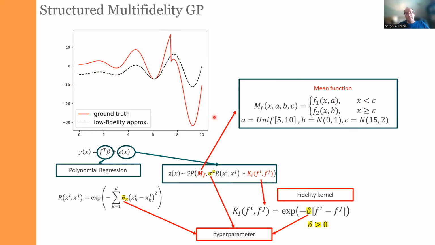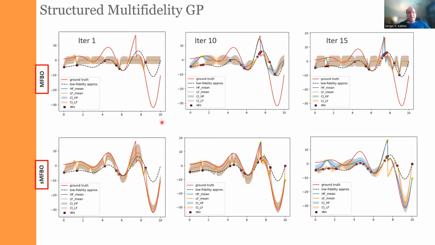At the same time, we can have the mean function that actually has a jump. So in this way, we combine the knowledge from two different sources of information. One is essentially the data. We can sample our system and get the data representation. And another is physics. One tells us that there are variations, another tells us that there is a sharp jump. And this is how it looks.